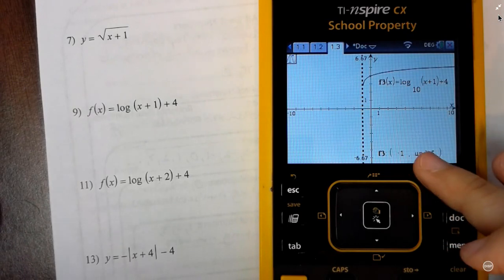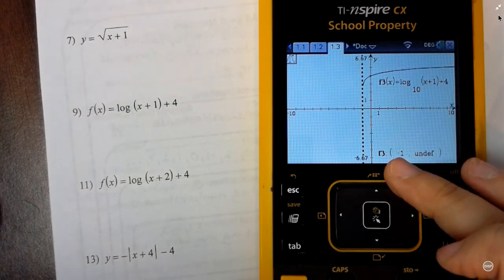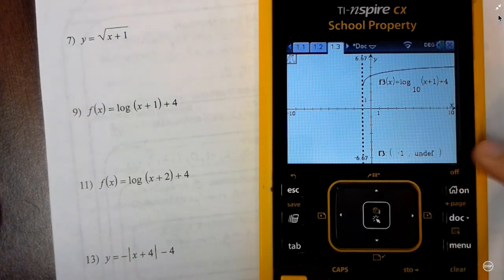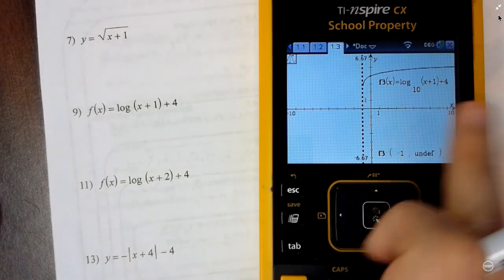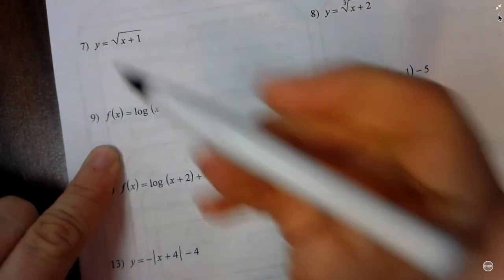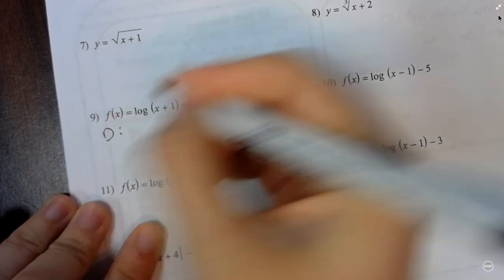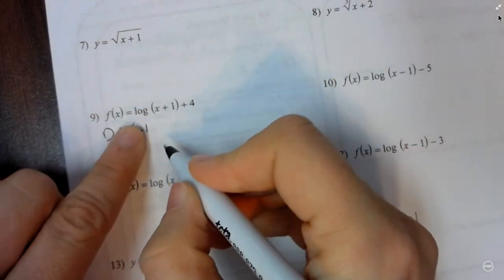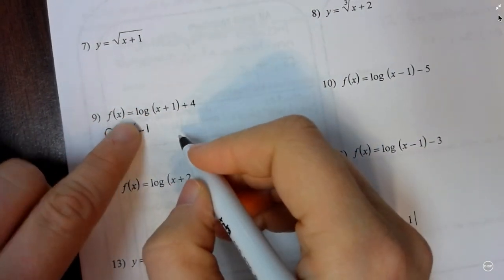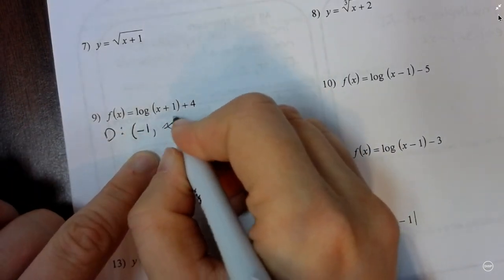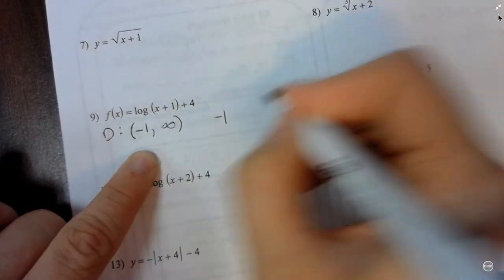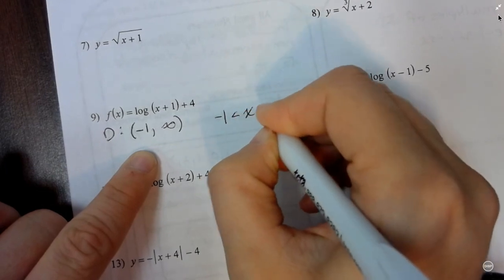Oh, so negative 1 is undefined. So my x values can go from negative 1 to infinity, but not including negative 1. So I'm going to write that two ways. So I can go negative 1 with a round parentheses to infinity, or I can write negative 1 is less than x is less than infinity.